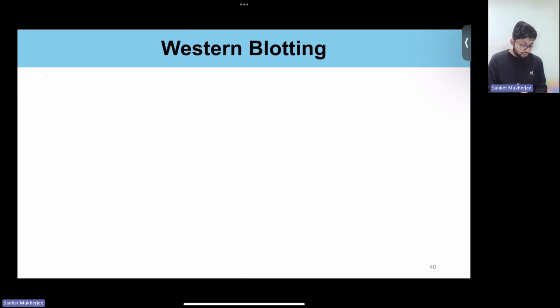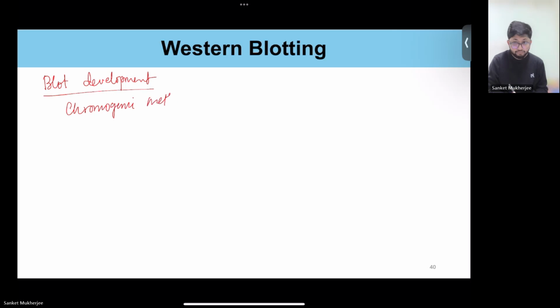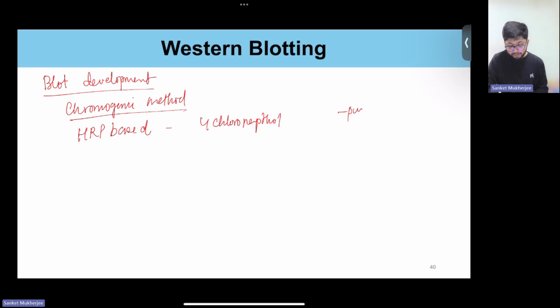So then we go for blot development, where we develop the blot. So there are certain chromogenic or luminescent methods to do this. So if we go for the chromogenic methods, there is HRP based. Reagents could be like 4-chloronaphthol. It gives a purple precipitate.